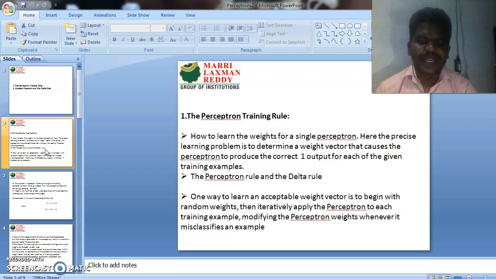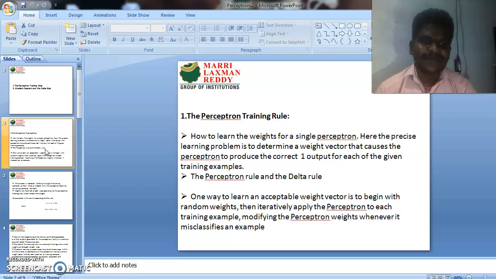Here we apply the Perceptron rule and the delta rule. One way to learn the acceptable weight vector is to begin with random weights, then iteratively apply the perceptron to each training example, modifying the perceptron weights whenever it misclassifies an example.